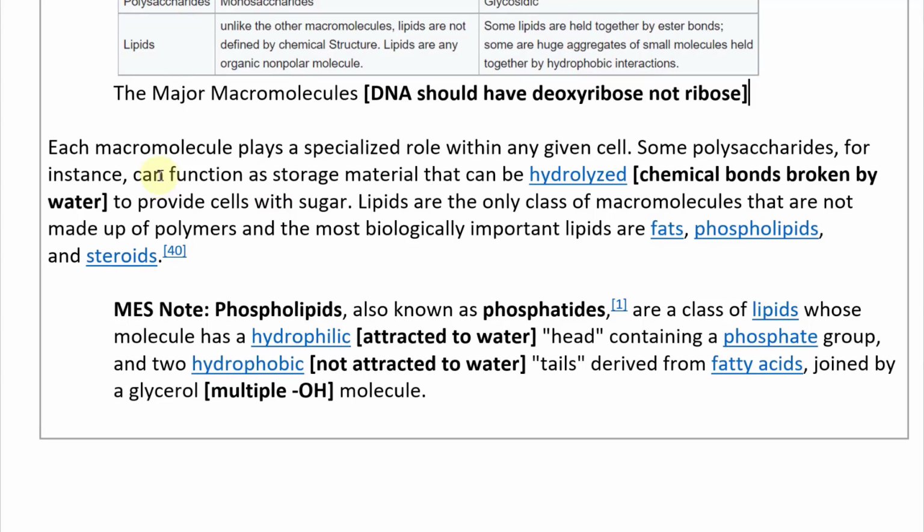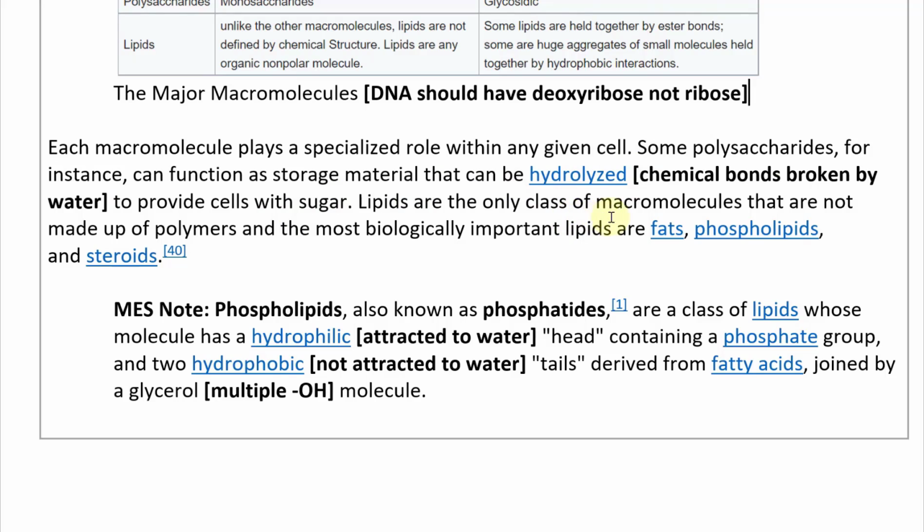Going further, each macromolecule plays a specialized role within any given cell. Some polysaccharides, for instance, can function as storage material that can be hydrolyzed, which involves chemical bonds broken by water to provide cells with sugar. Basically the carbohydrate bonds break in water and provide cells with sugar.